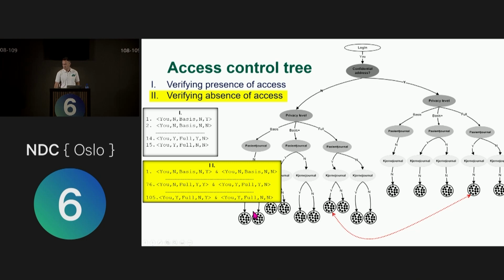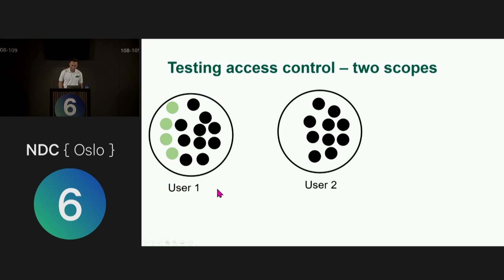For example, between this one and this one, which is pair number 76. Instead of cryptic IDs, I just say this is user 1 and user 2. As you can see, user 1 has access to all the services of user 2 and 4 extra.